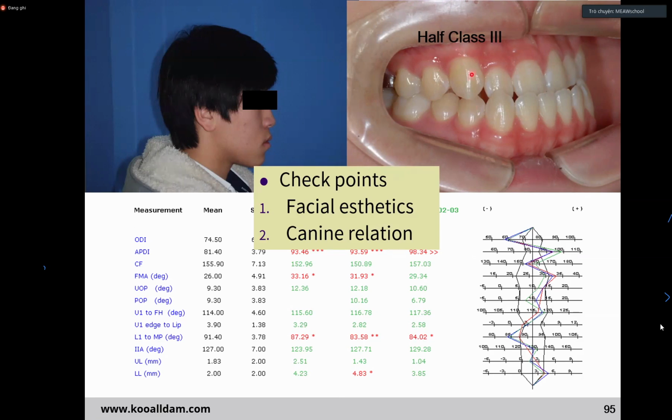This patient is canine, the tip of the upper canine, where is located the lower first premolar. This is FACC line. We can see the medial side, this side. So this is called half class 3.